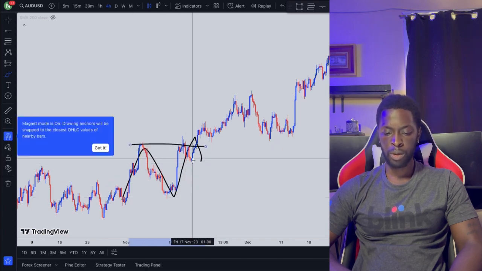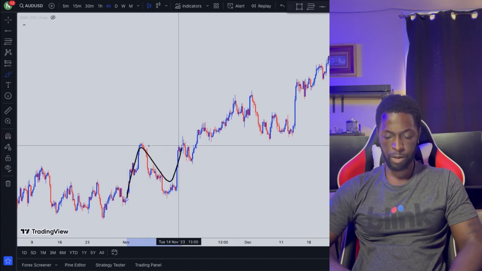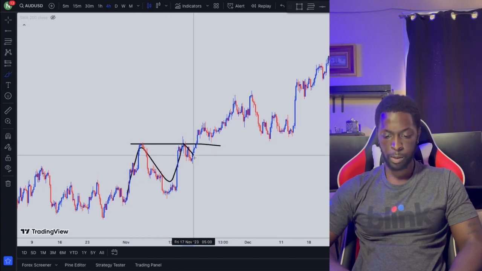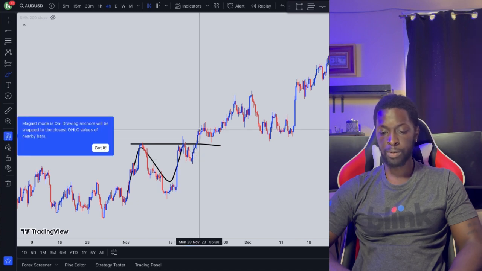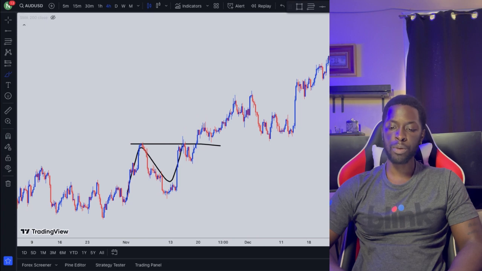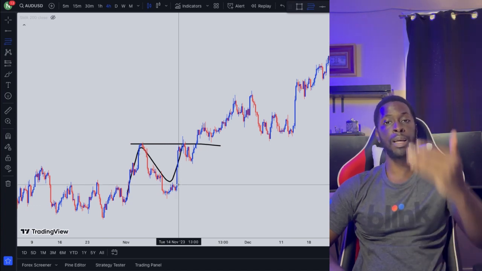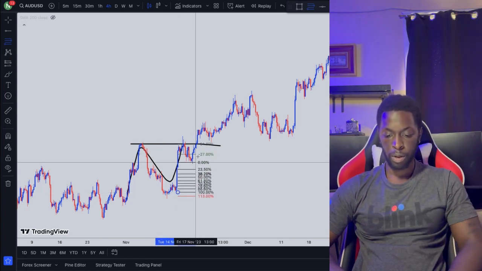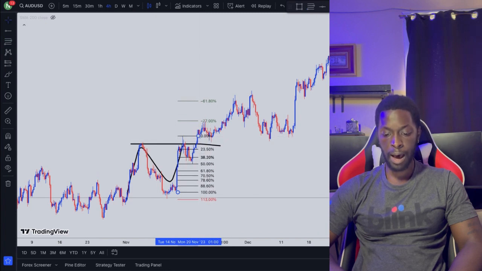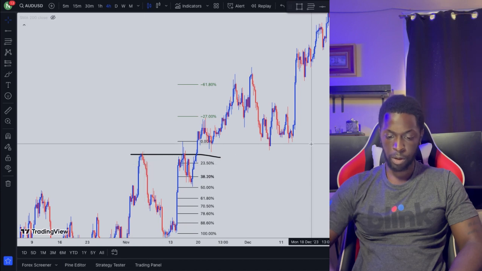Right here is where the price breaks, right? So what do we do now? I am able to pull out my Fibonacci and draw it, since we're in the uptrend, from the low to the high.